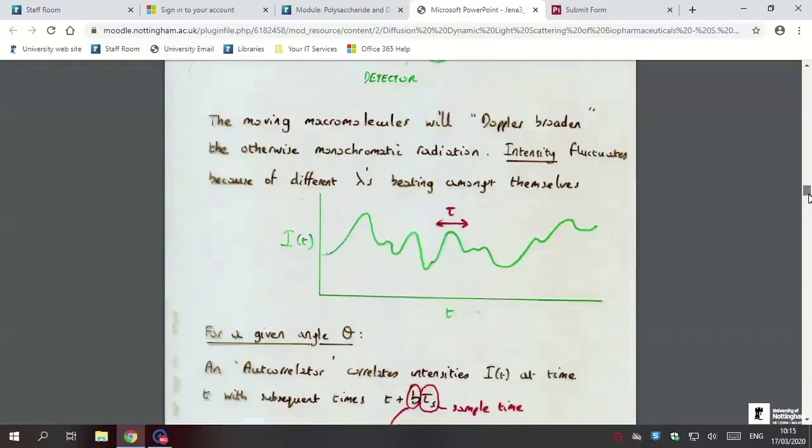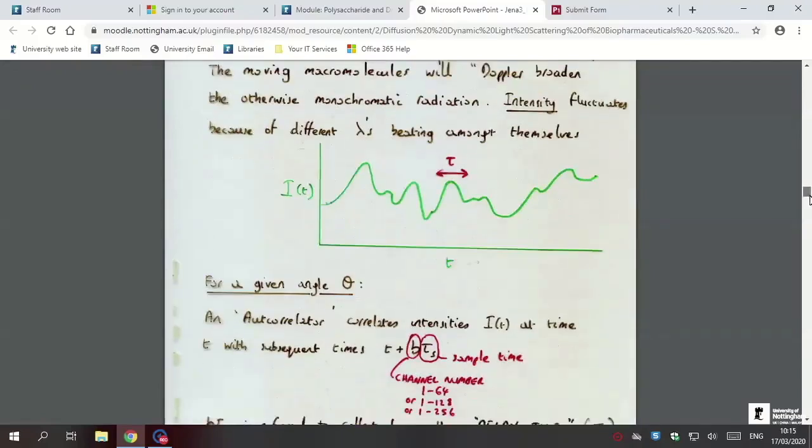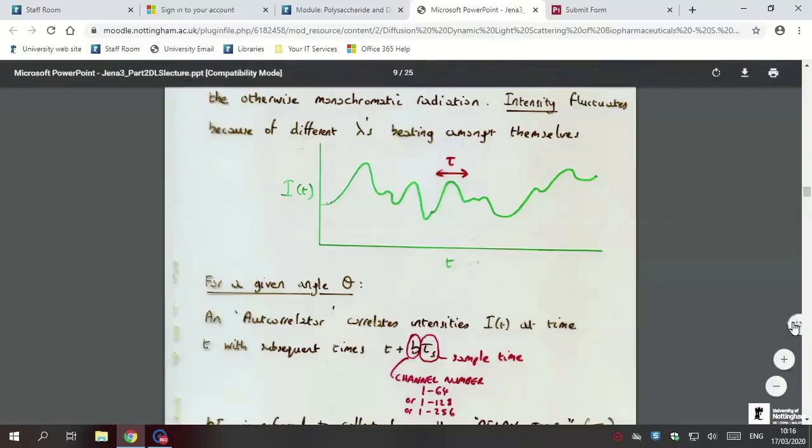So the instrument, the dynamic light scattering instrument, compares the intensities at different times, and it compares how these intensities change with time. We have this word called correlate, which is just a fancy form of compare.